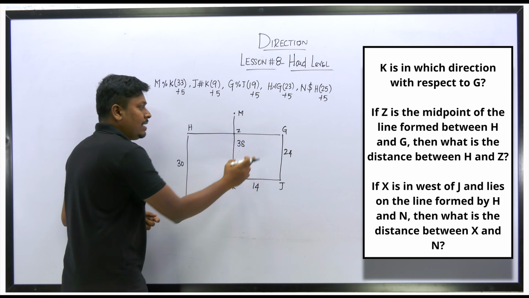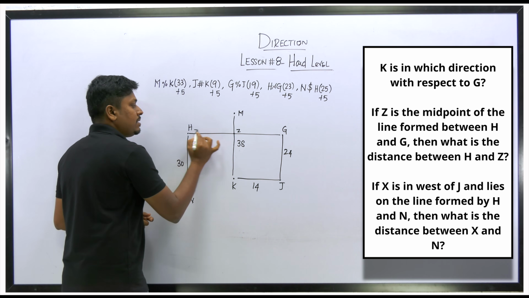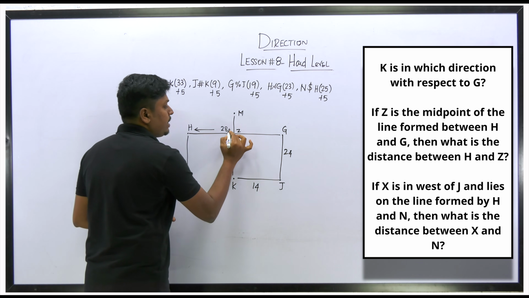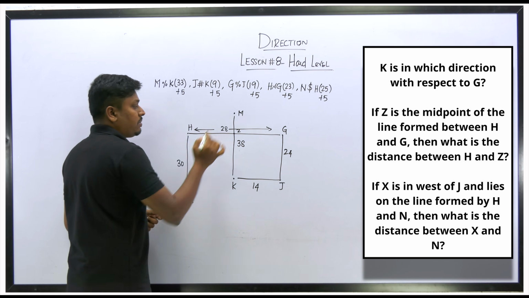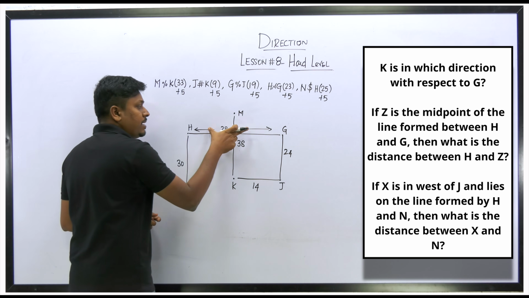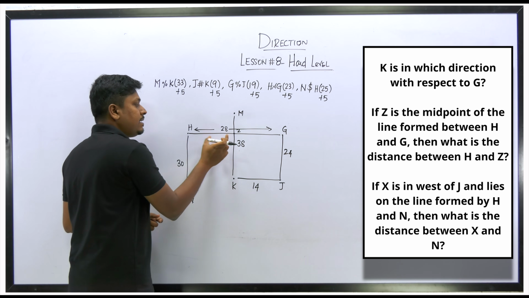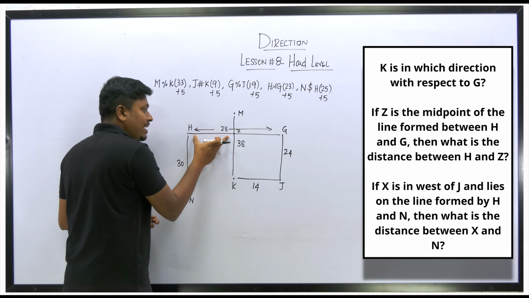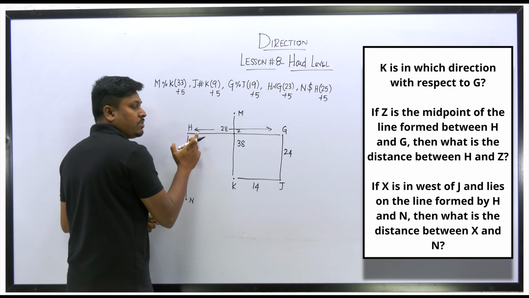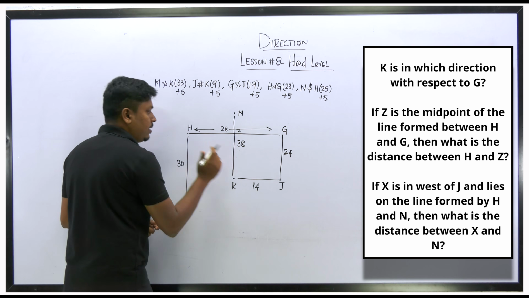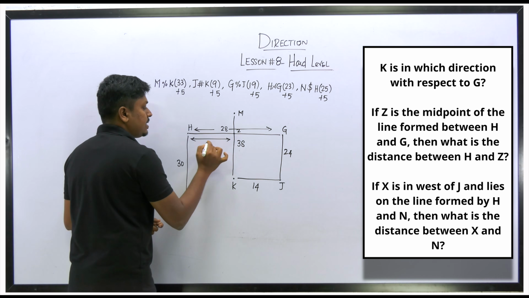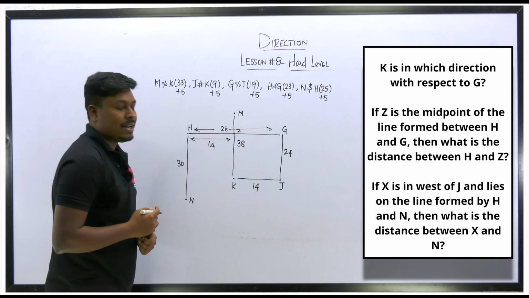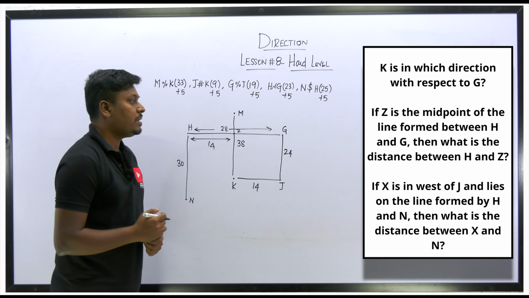We already know that this total distance will be 28 meter, right? According to the question, this is the total distance. If Z is the midpoint between H and G, then what is the distance between H and Z? If total distance is 28, we know that this is 14. Then definitely the remaining distance will be 14. So the answer for the second question is 14 meter.